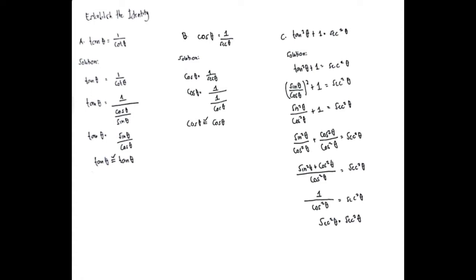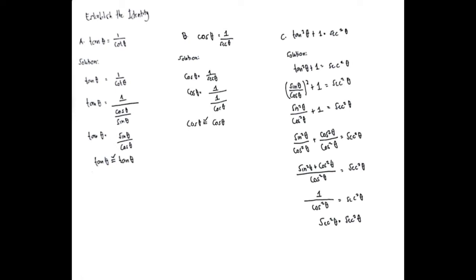As you see in the given, the next part of the given, we have secant theta equals 1 over cosine theta. So we just use the reciprocal identities and then simplify. So we have now cosine theta equals also cosine theta. So it is proved.